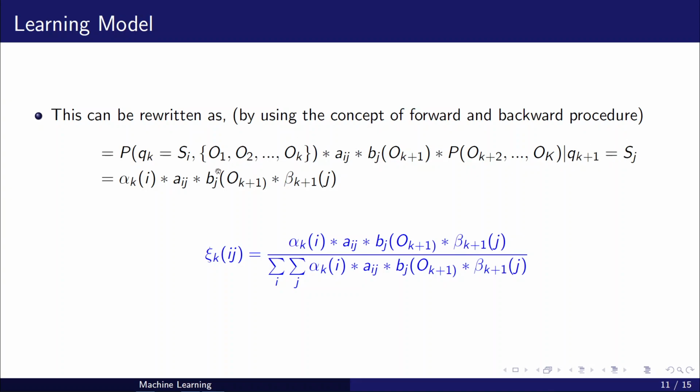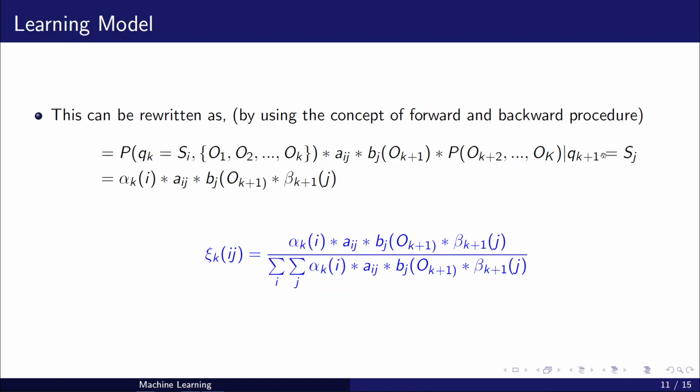Now this can be represented as two parts. The first part can be represented using the forward variable alpha k i. That is the probability that you are at state i and you have found all the observation symbols till small k. The second part can be represented as beta k plus 1 j.